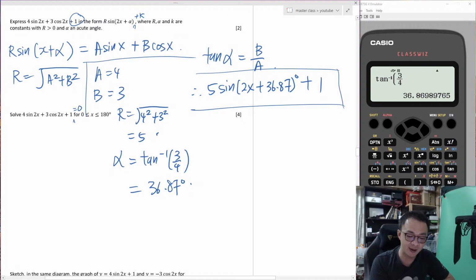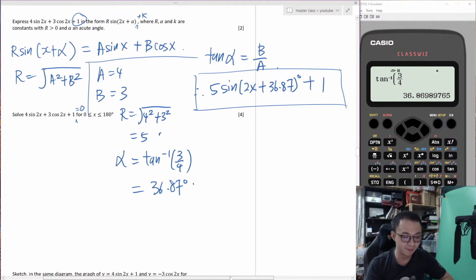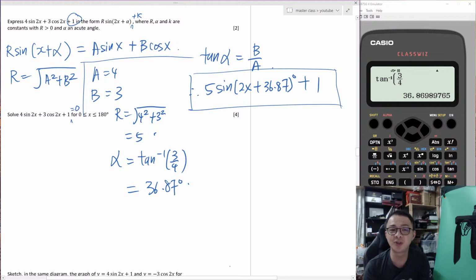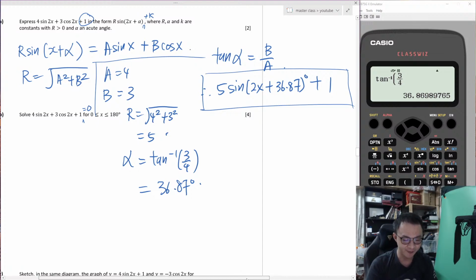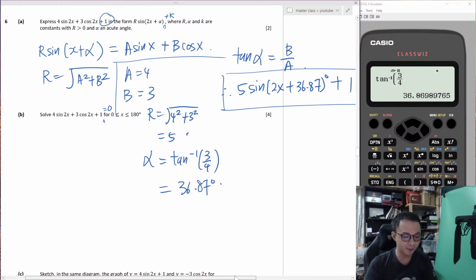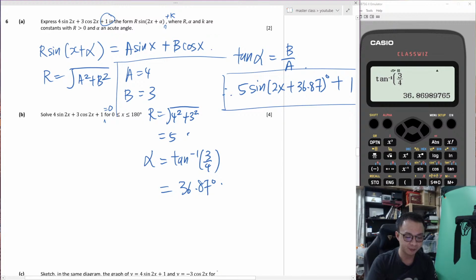Alright, this is what we do after we simplify here. Normally I will just use this method, it's easier, because if you simplify sin(a plus b), you have sin a cos b plus cos a sin b, then you have a lot more to solve here. Okay, so you got it.